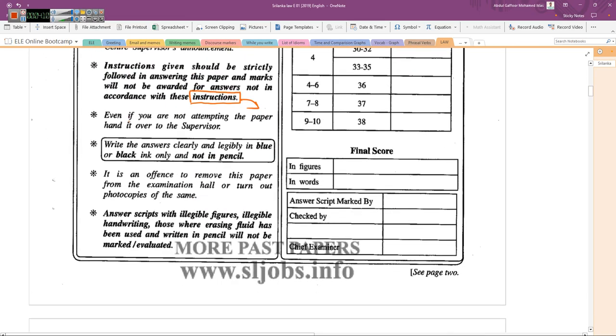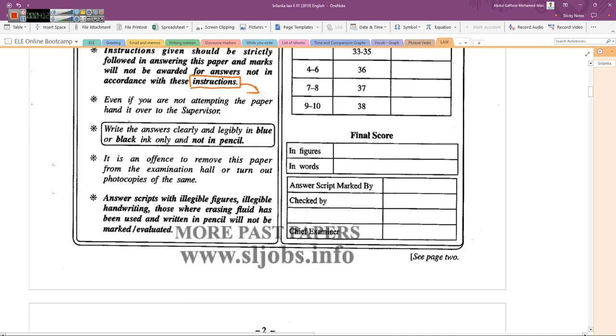So you have to write down the answers clearly and legibly. Legibly also means clearly. For example, legible handwriting means clear handwriting. In my videos I will also be explaining some passive vocabulary. The first vocabulary that we are going to learn is legibly.